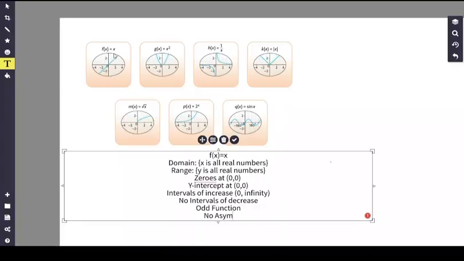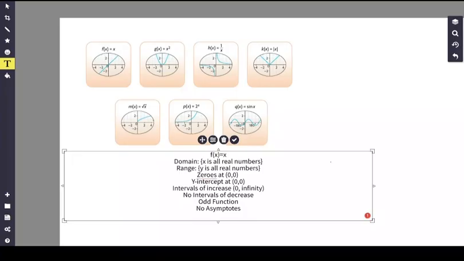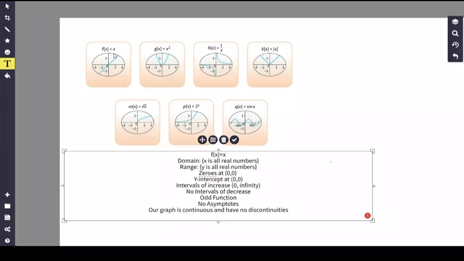No asymptotes. And because we don't have any asymptotes, this means our graph is continuous and has no discontinuities. Complete the following statements. So, end behaviors. As x approaches a very large positive value, y approaches a very large positive value.